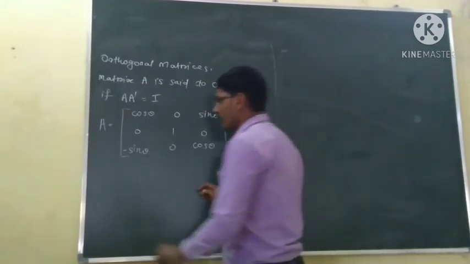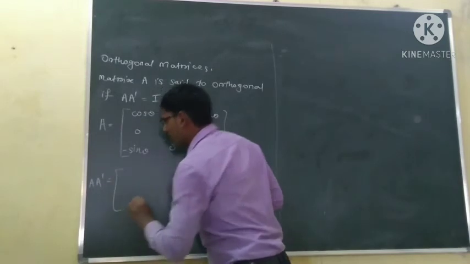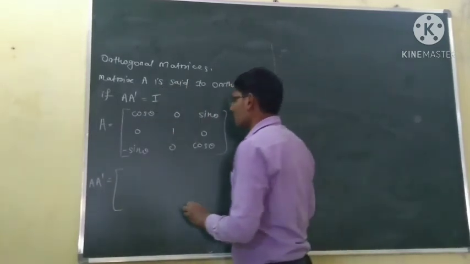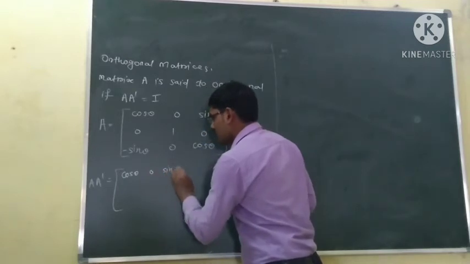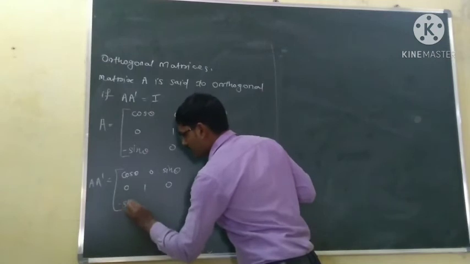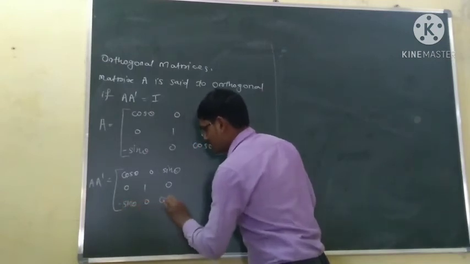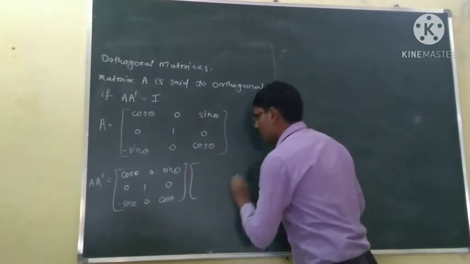So A into A transpose is equal to, what is A? A is cos theta 0 sin theta, 0 1 0, minus sin theta 0 cos theta. So this is A into A transpose. What is A transpose?